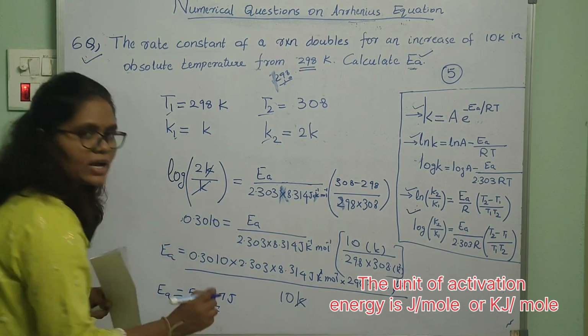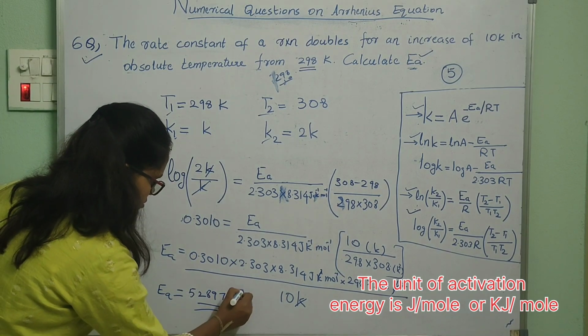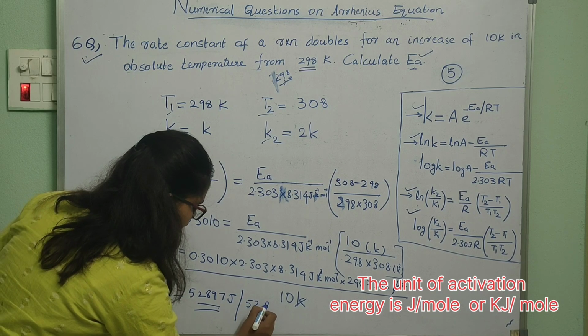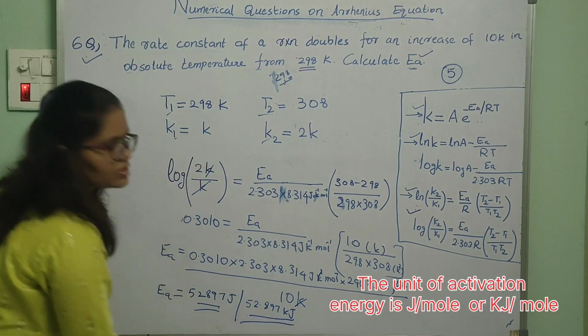Okay, so this is your answer. If you want to express it in kilojoules, just divide it by 1000 and what you will get is 52.897 kilojoules. So this is your answer.